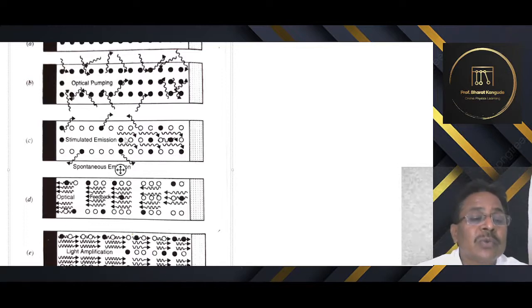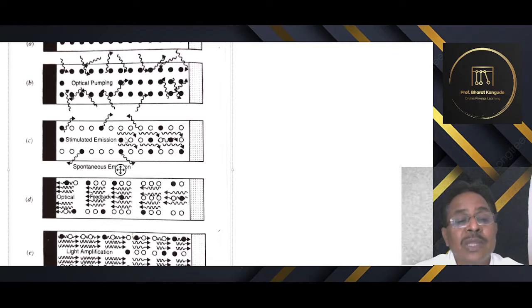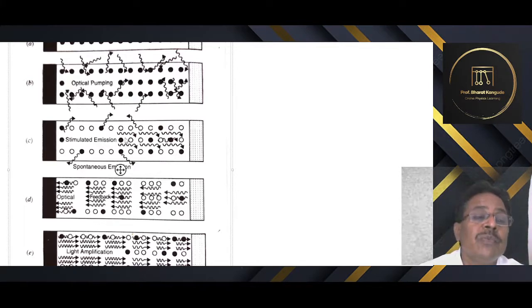And in that process, as long as this stimulated emission continues, a beam of photons starts building up. So in the first case, in diagram B, the orientations of the photon beams are random, but here in diagram C, once a sufficient level of optical pumping is reached, population inversion is reached.